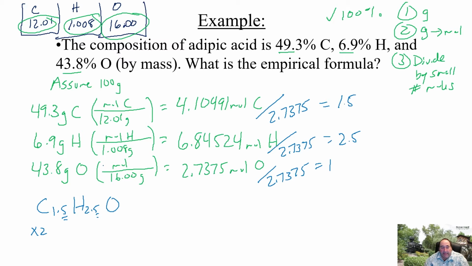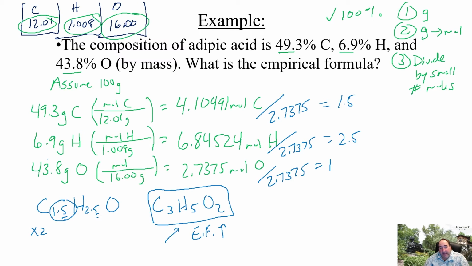So if we do that, we get C3H5O2. A reminder, we need to multiply everybody by that as we get those numbers when we multiply everybody by 2. And this would now be our proper empirical formula, all whole numbers.